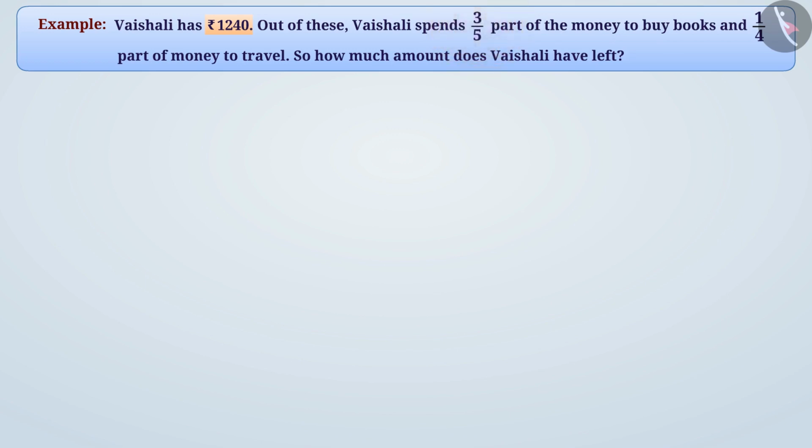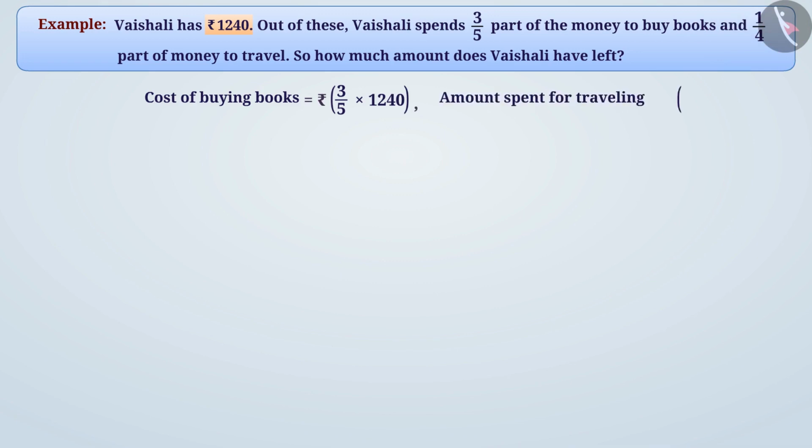books. Hence, the cost of buying books is equal to 3 by 5 multiplied by 1240 rupees. Similarly, Vaishali has spent 1 by 4th part for travelling. So, the amount spent for travelling is equal to 1 by 4 multiplied by 1240 rupees.